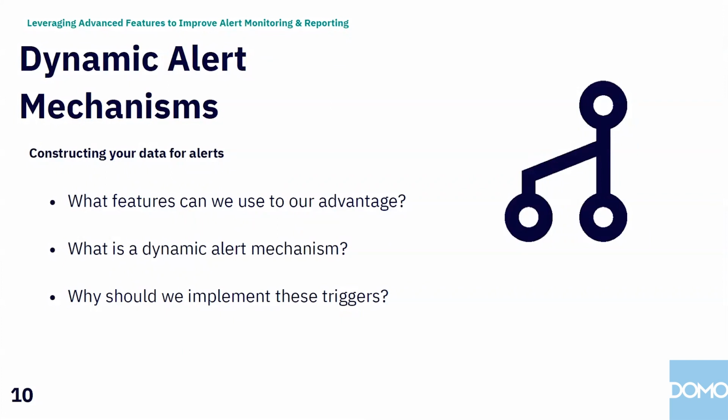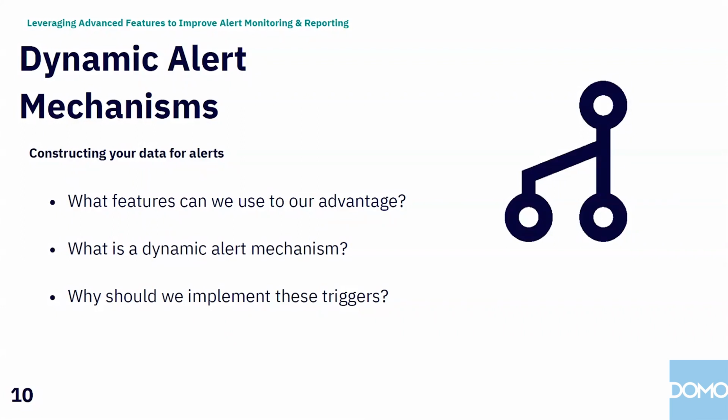One thing to keep in mind is how your data is constructed initially. So you might have to make some changes there, but overall, using ETL, which is one of the simpler methods, you can create a dynamic alert mechanism and leverage that to enhance your data and your reporting on alerts.